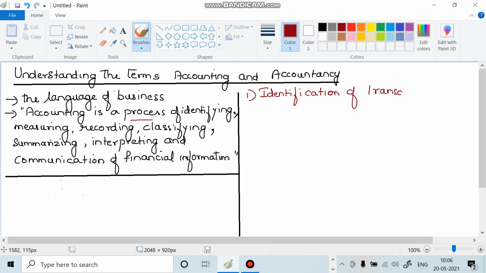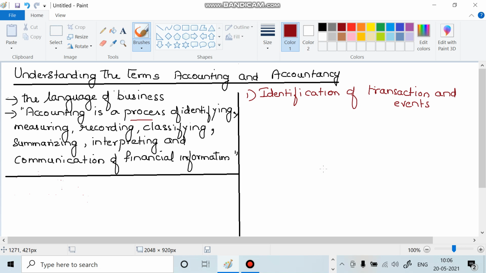I'm going to create a separate video on understanding the terms transaction and events in detail. But right now, the first step in the accounting process that we need to understand is identification of the transactions and events.